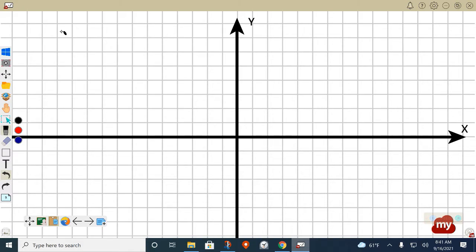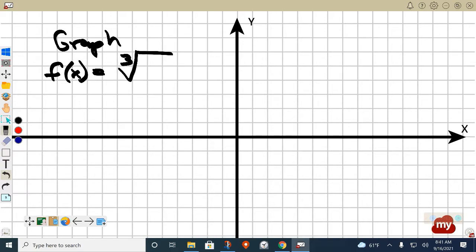Go and write: graph f of x, remember f of x means y, equals cube root of x plus 2.